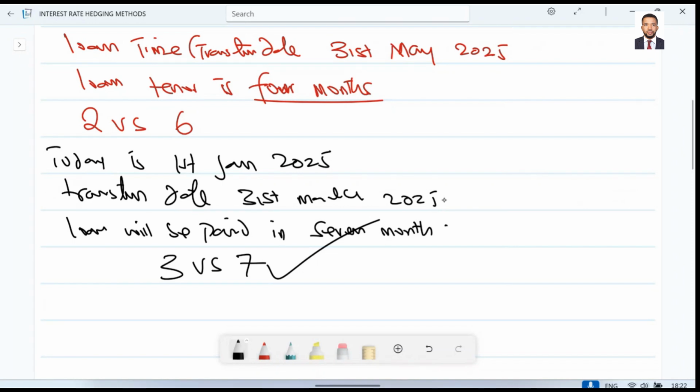The loan will be paid in 7 months. In 7 months means they are starting from today. So that means AB is what they have given to you already. In the exam, you will see 3 versus 7 and you see 3 versus 10.